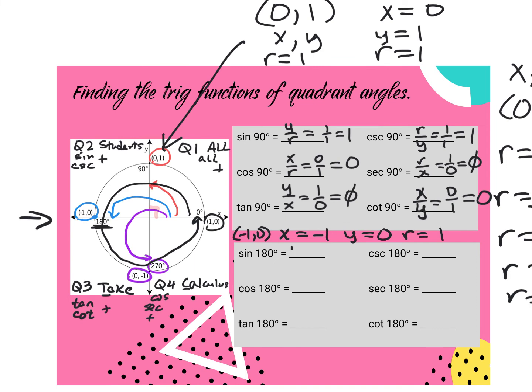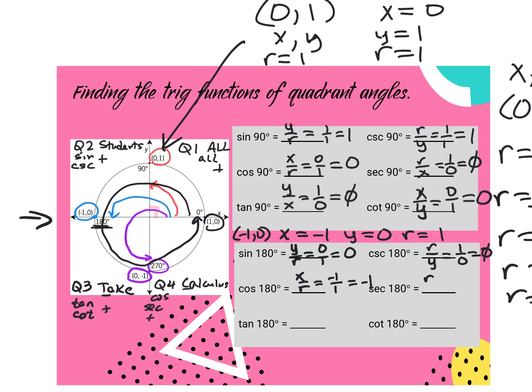So Y over R, 0 over 1 equals 0. Flip it, R over Y, 1 over 0, no solution, it's undefined. Cosine, X over R, -1 over 1, -1.